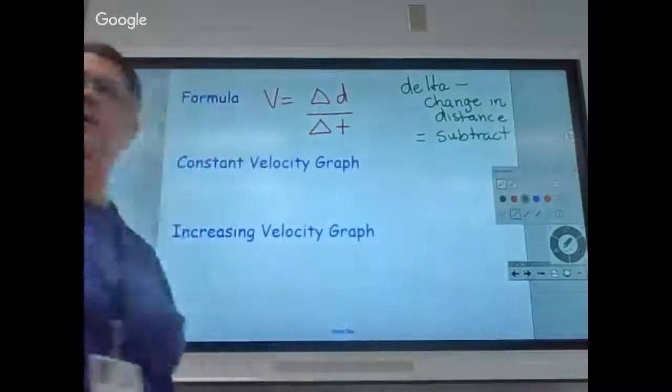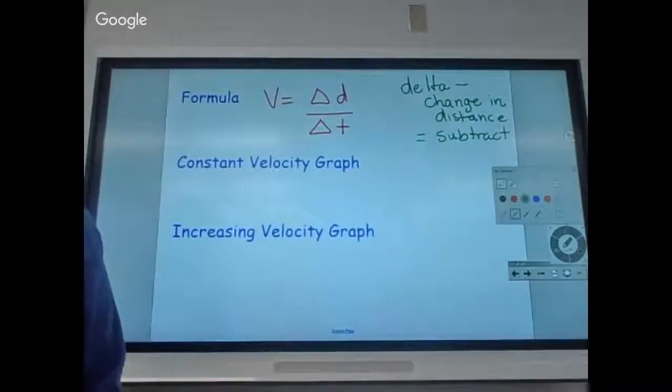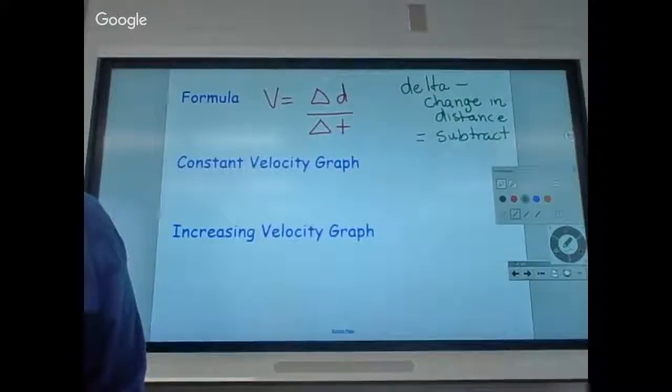So when I write the formula down, do we have to write the triangles? Yeah. Because if you have two distances, what are you going to do? You're going to subtract. If you have two times, what are you going to do with them? You're going to subtract. As long as you know that, do you have to write those triangles all the time?